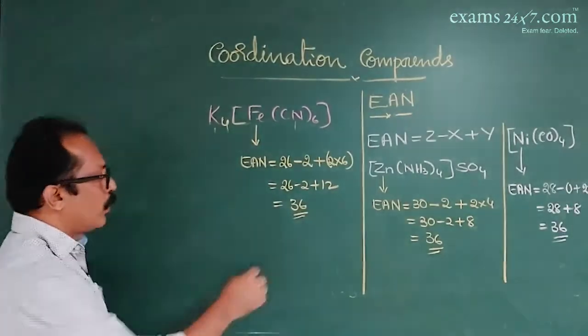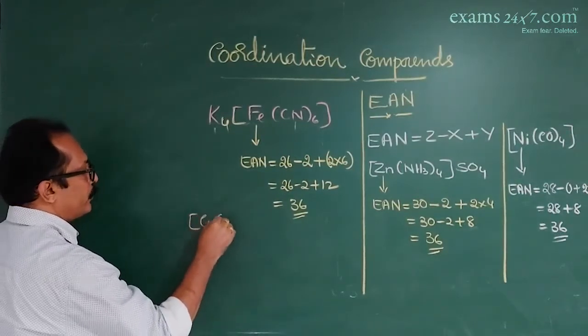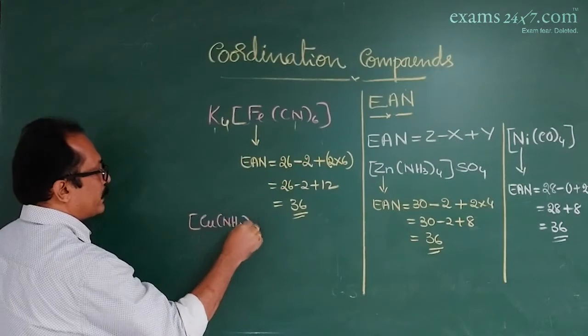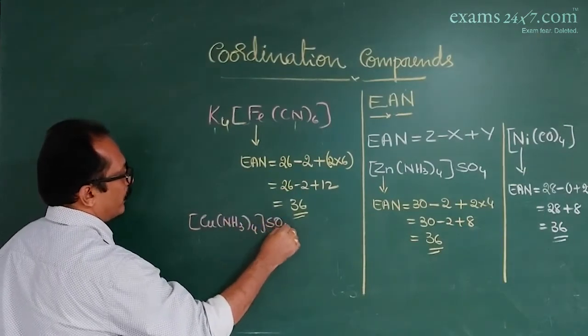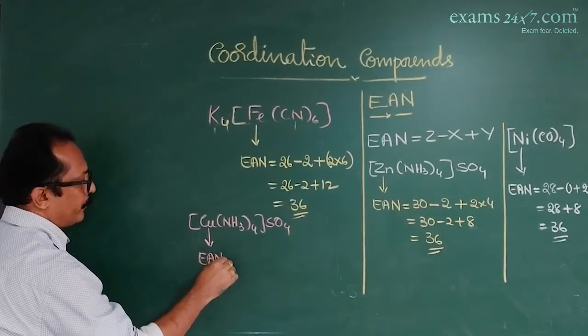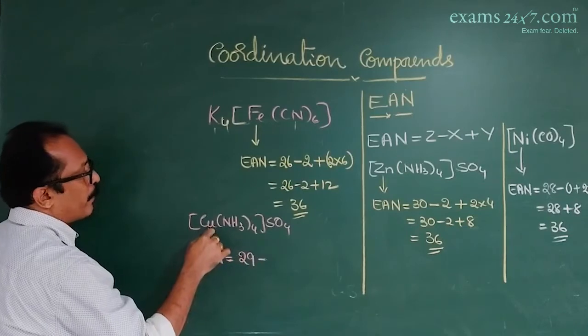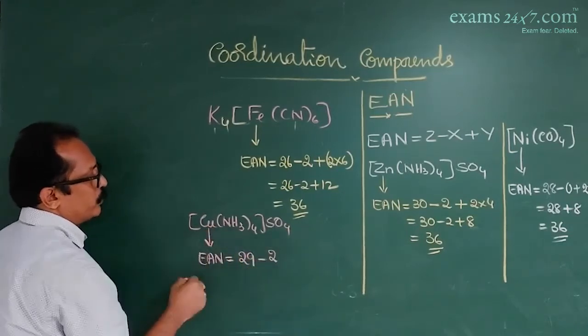Now, one more, cuprammonium sulfate, [Cu(NH3)4]SO4. About copper, the EAN of copper: the atomic number of copper is 29. Copper is in the plus 2 state, so the X value is 2.